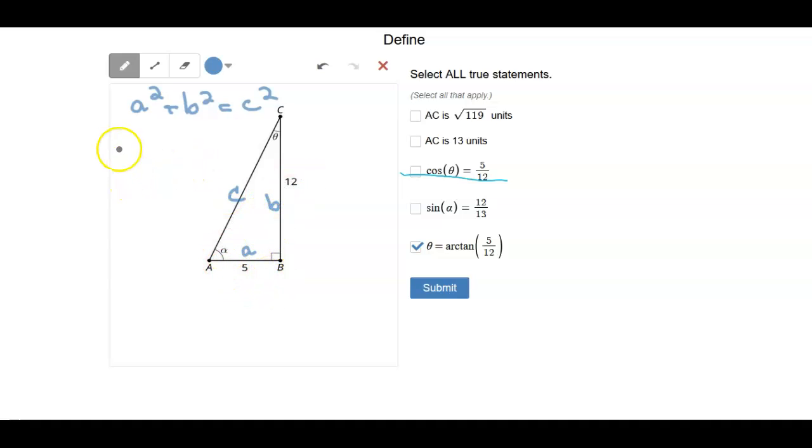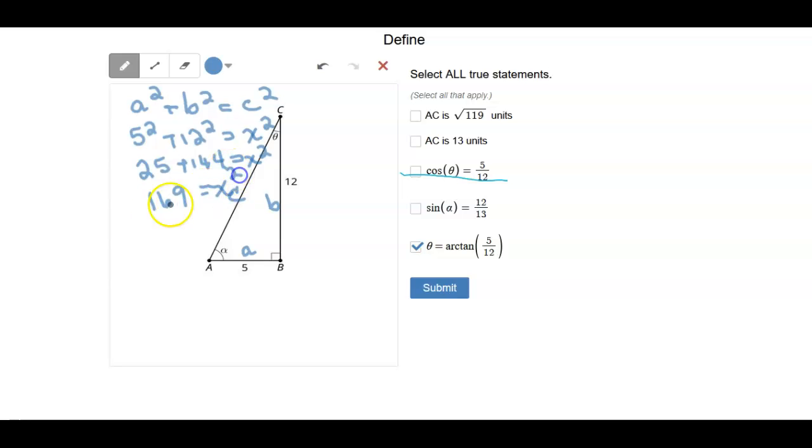C has to be the hypotenuse. So we have 5 squared plus 12 squared is equal to x squared. So 25 plus 144 is equal to x squared. 25 plus 144 is 169.